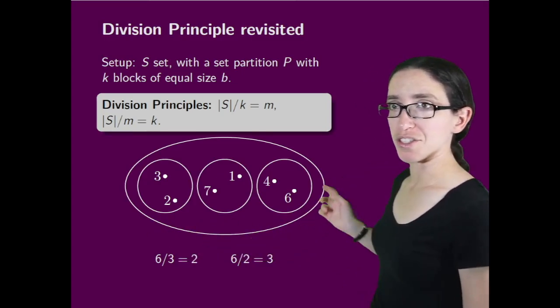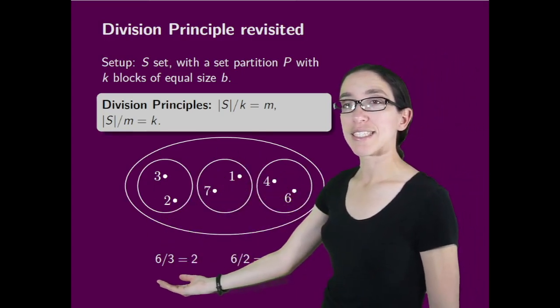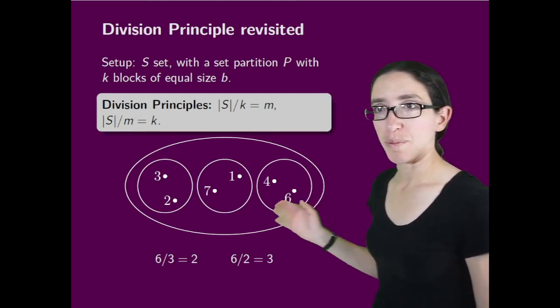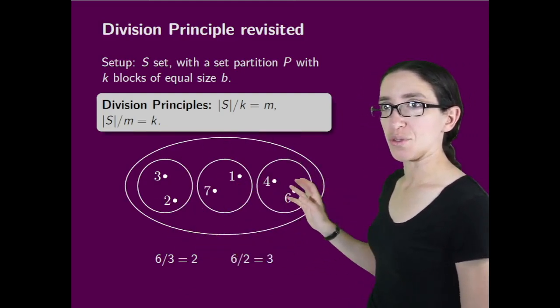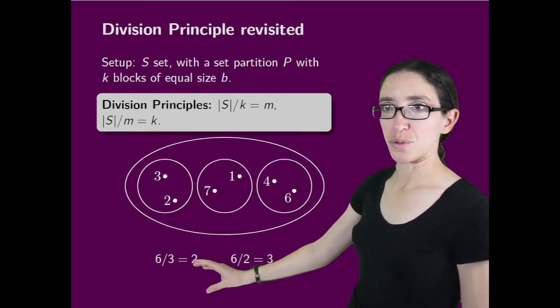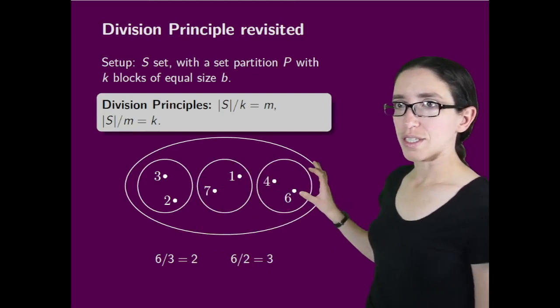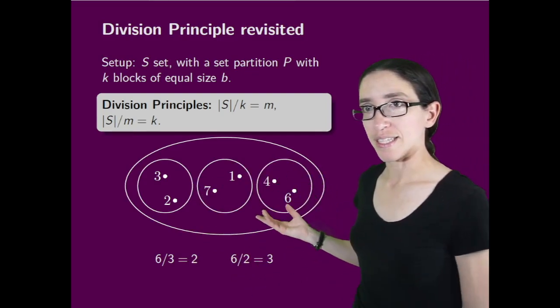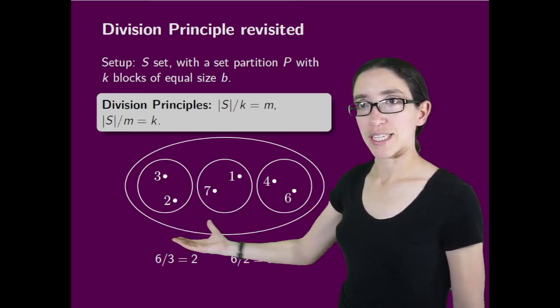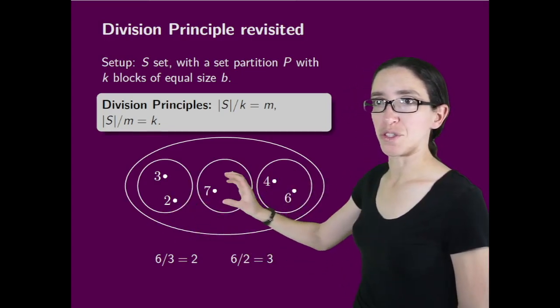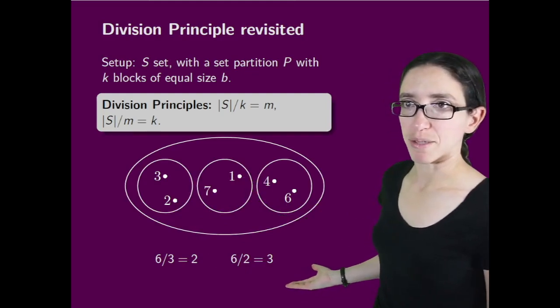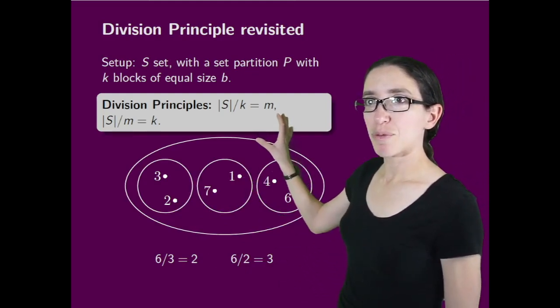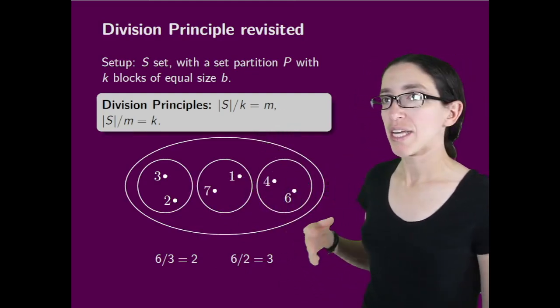And so this picture demonstrates the fact that 6 divided by 3 equals 2, because if you sort 6 things into 3 equal size groups, you have 2 in each block. And it also demonstrates that 6 divided by 2 equals 3, because the other division principle says that if you have 6 things and you divide them into groups of 2, how many groups are there? 6 divided by 2. So that captures the 2 division principles that we talked about in the language of set theory.